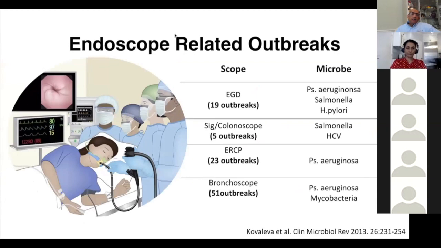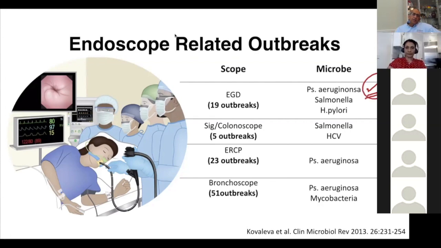So when you look at endoscope-related infections, and this is a summary up to 5 or 7 years ago, if you look at the history, the first outbreak that was reported way back in the 70s and 80s was related to Pseudomonas aeruginosa. At that time, endoscopy was relatively primitive.